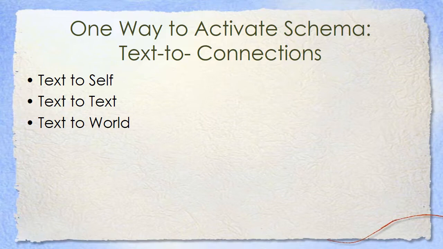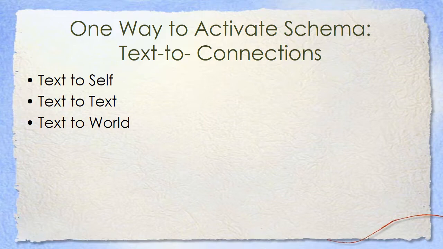Text to text then connects the thing that you're reading to other things that you've read or that you've seen. So if I'm reading a piece of short fiction that's set in the Regency era, I might connect that to other works that are set in the Regency era in England. I might connect that to movies or history shows that I've seen.